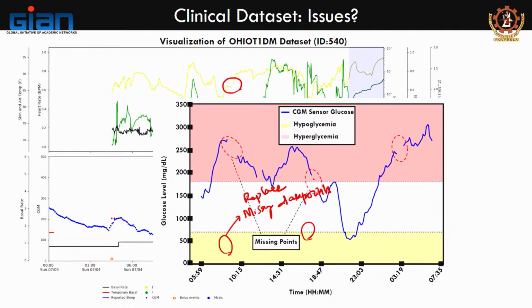So, these missing data points, the question is how do we replace them? There are many different approaches. The challenge here is that you have to match the trend. You cannot just randomly put points here, you have to ensure that the data points that you are generating match the profile of the patient. They should not be generated in such a way that they are very far away from the patient profile.